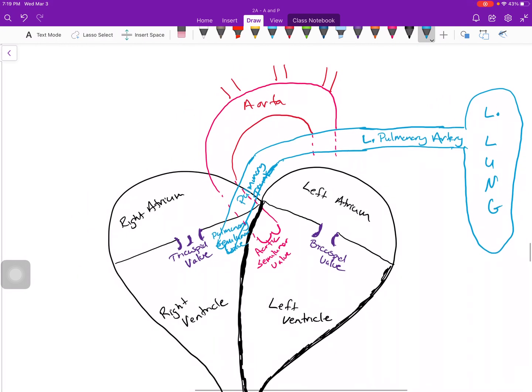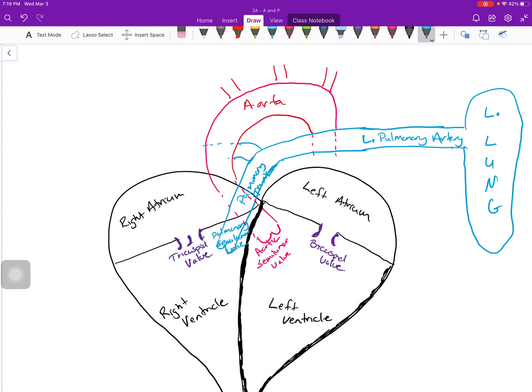We also have a right lung. So we're going to go right here, and it's going to leave here and go here, and it's going to go behind the aorta on this side. So on the left side, it goes in front of the aorta, but going to the right lung, it goes behind the aorta.